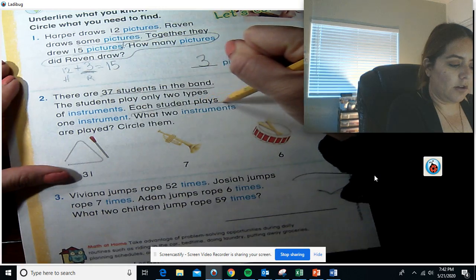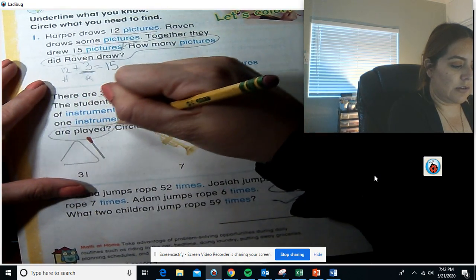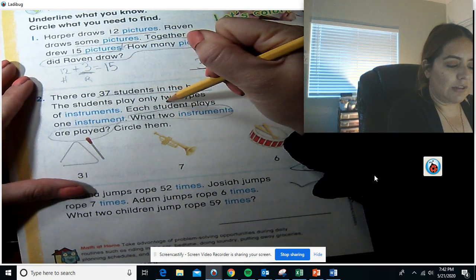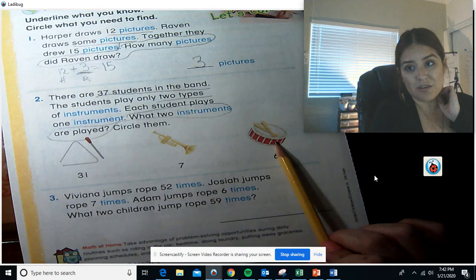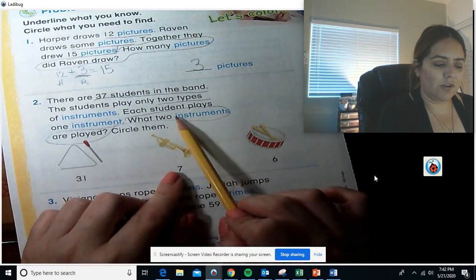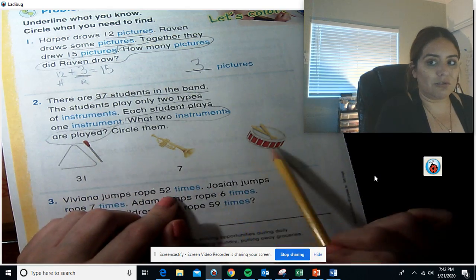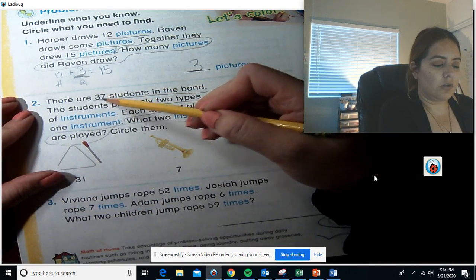So we want to figure out which 2 instruments this band plays. This band only plays 2 types of instruments. Here we have 3 types, but they only play 2 types. So it's our job to figure out what 2 instruments. And there are 37 students in the band.